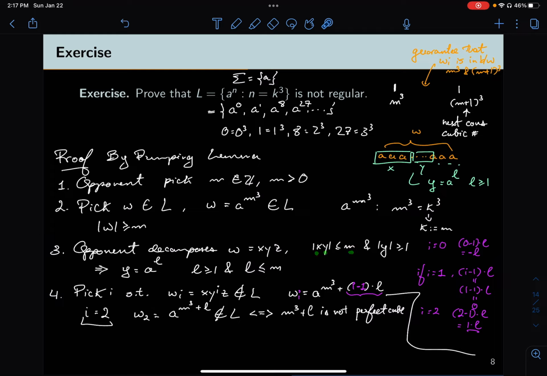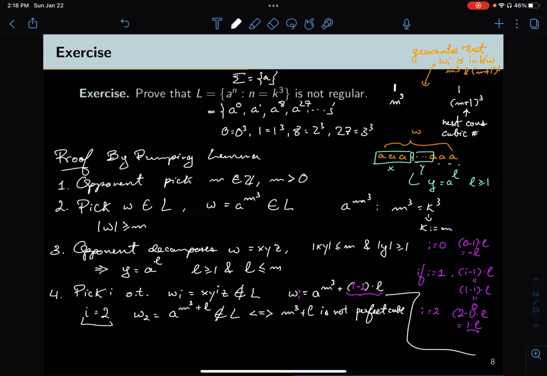If two strings together have length at most m, then for sure each of these two strings will have length at most m. Because if you have the length of x and the length of y, and the sum is at most m, then both of these are at most m, otherwise this inequality wouldn't hold. And so that means I also know that L is at most m.